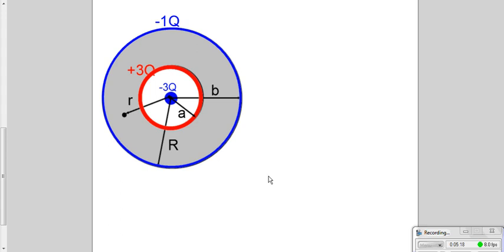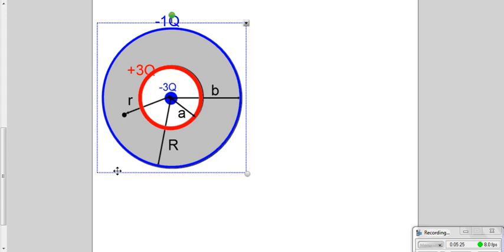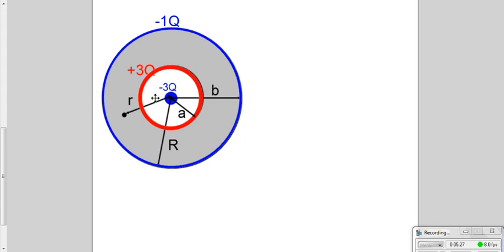So now what I want to do is look at several different locations and say, all right, what happens if we have a point here on the inside of the metal? And what happens if we're here in the cavity in the white part? And what happens if we're way out here on the outside of the outer shell?